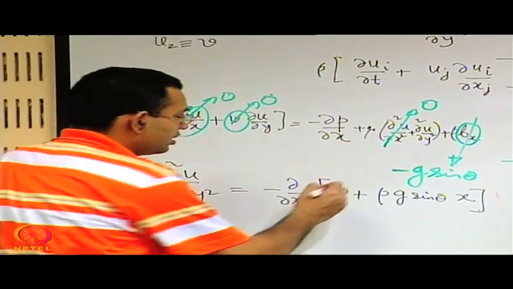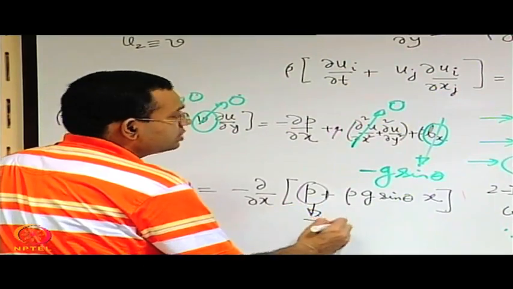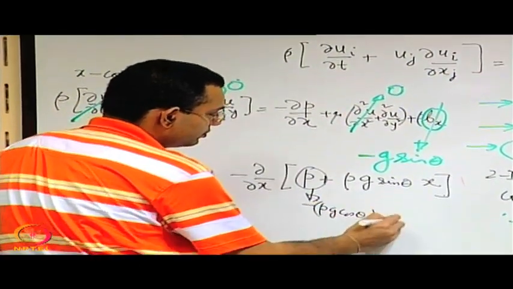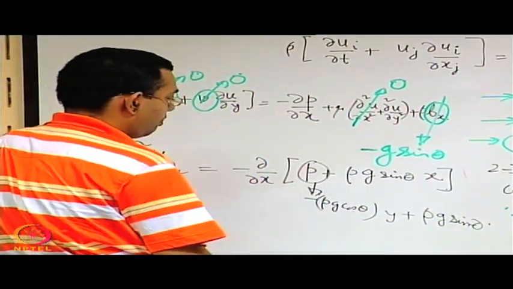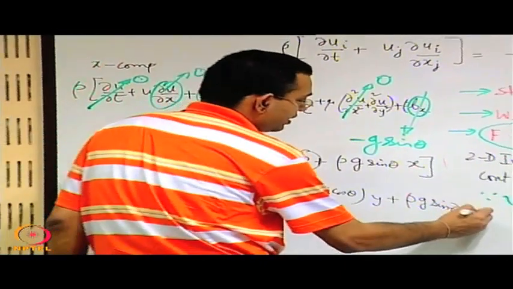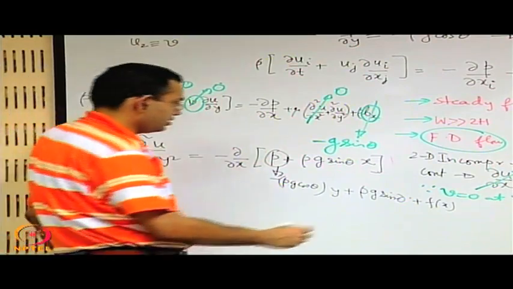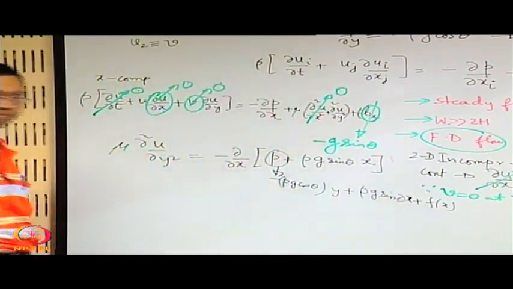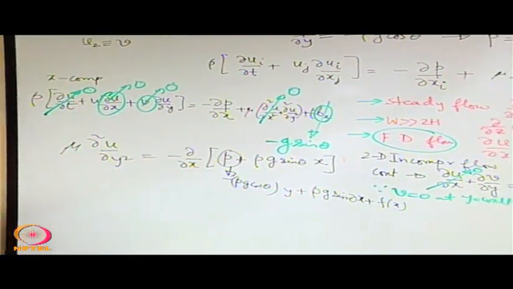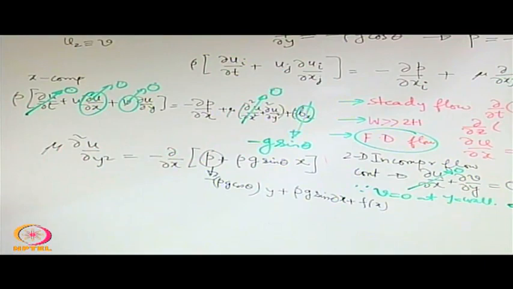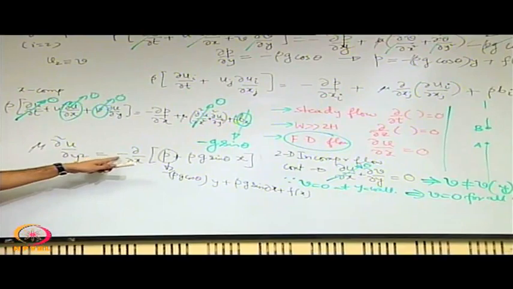So P has what? P is minus rho g cos theta y plus fx, plus rho g sin theta x plus fx, that is by substituting p from there. This one?